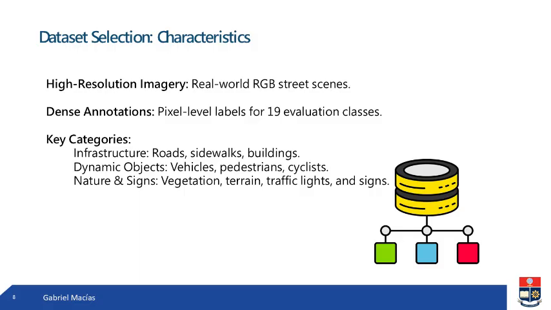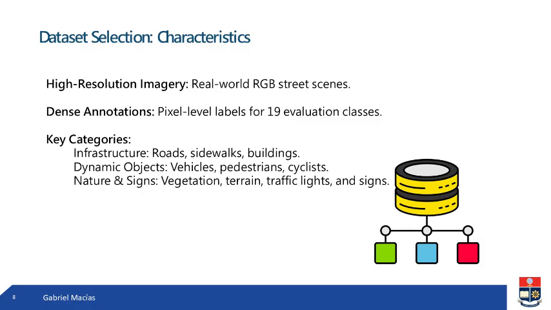Now that we have introduced the objectives of this work, let us move to the datasets and experimental design. The choice of datasets is a critical component when performing comparative studies, because dataset characteristics can strongly influence model performance. In this work, we rely on standardized urban scene datasets that are commonly used in semantic segmentation research.